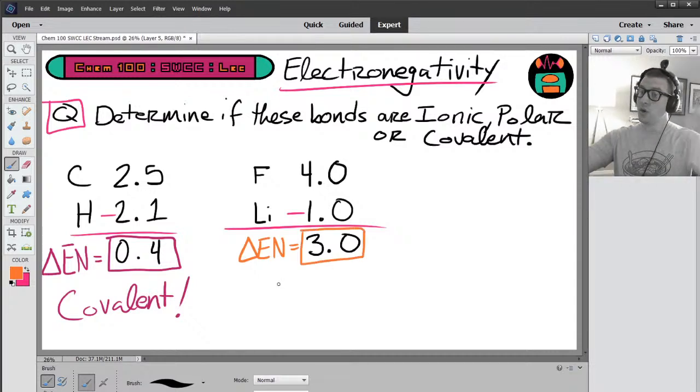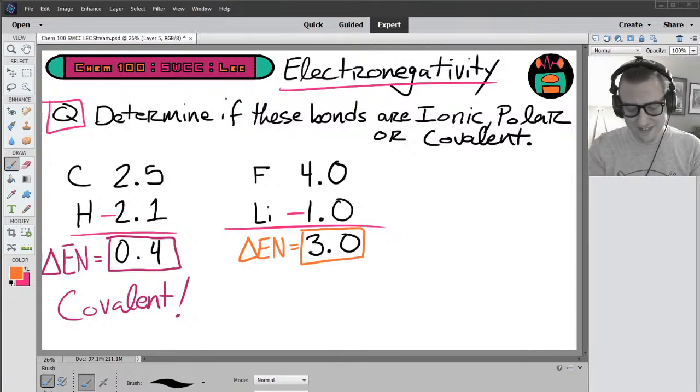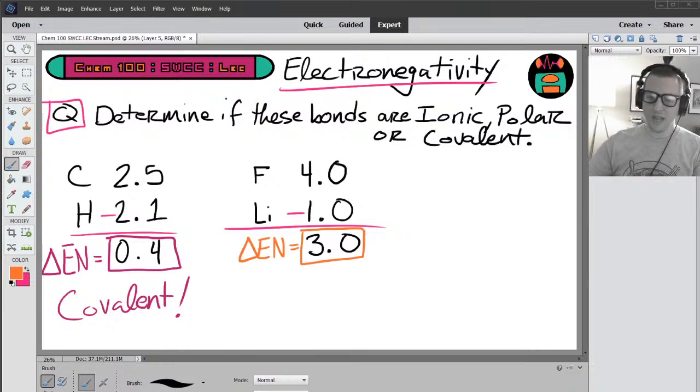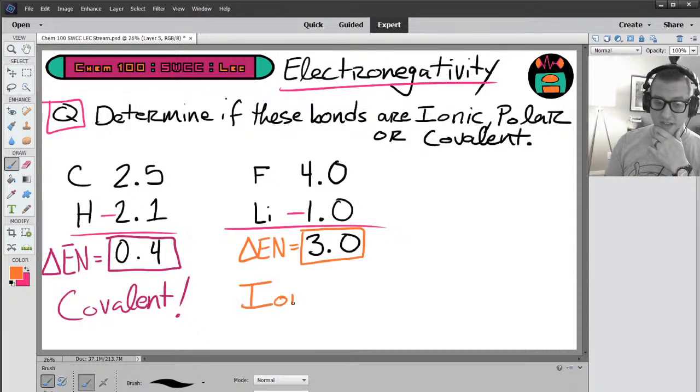That is larger than 2.0, right? 3 is bigger than 2. The difference here in electronegativity, since it's larger than 2, means that this bond is ionic.